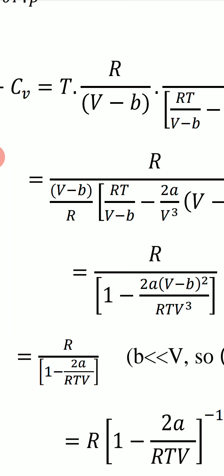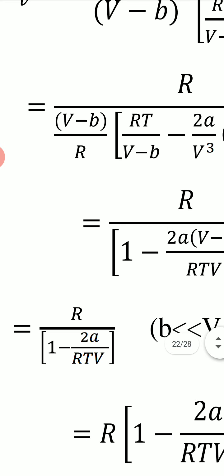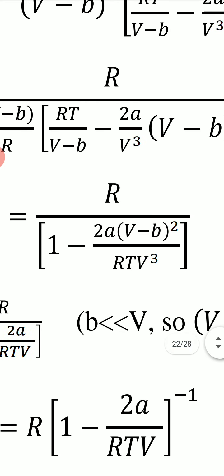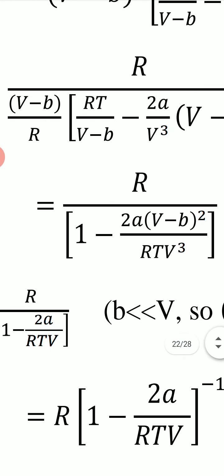So correct it, it is not V minus B upon R, it is V minus B upon RT. And inside the bracket we have RT upon V minus B minus 2A upon V cube into V minus B.